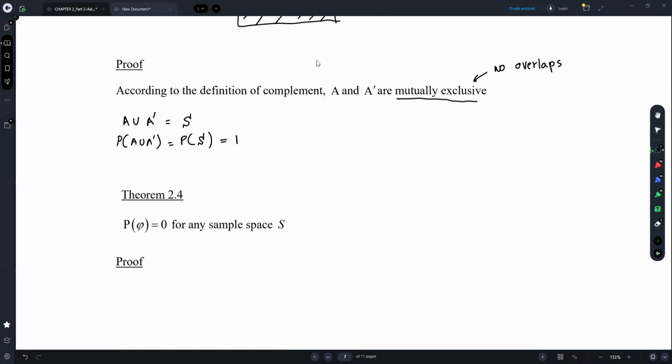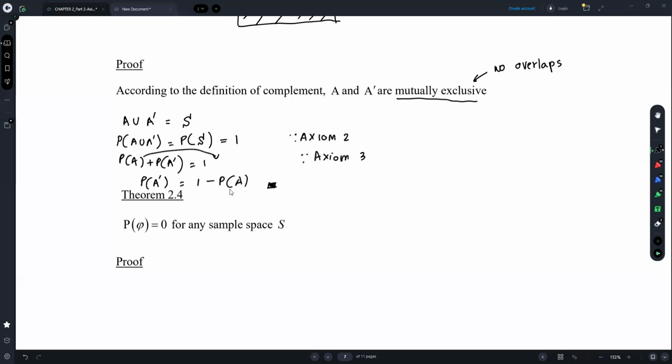And then when you have A and A's complement, when they are mutually exclusive, you can expand it like this. That's the third axiom, right? So this is axiom 2, and this is from axiom 3. Now what will happen? If you take the probability of A's complement, you can take P(A) to the other side, so you get 1 minus P(A). So that is how you prove theorem 2.3.